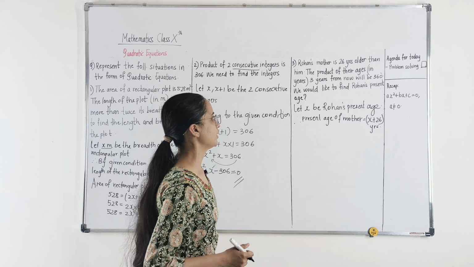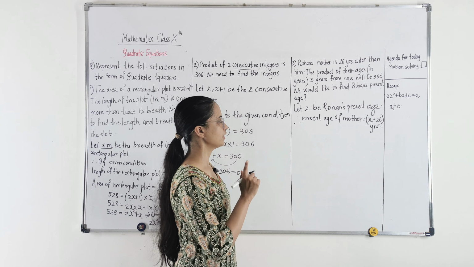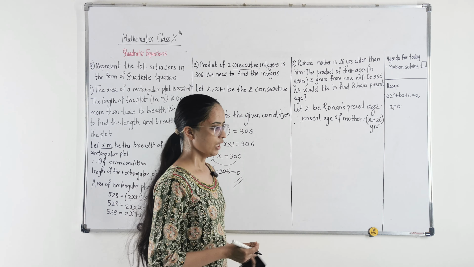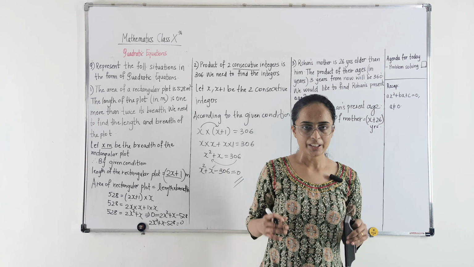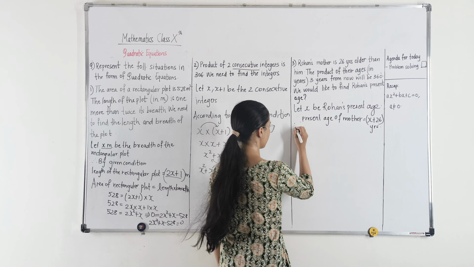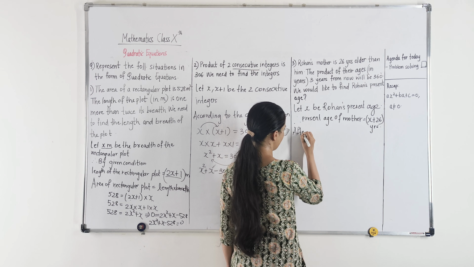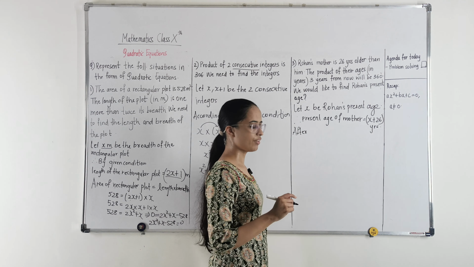Now let us use the condition. They are saying that the product of their ages in years, 3 years from now, will be 360. Now this condition is about the ages 3 years from now, meaning 3 years later from the present age. So let us first calculate their ages after 3 years, then represent it in the form of an equation.